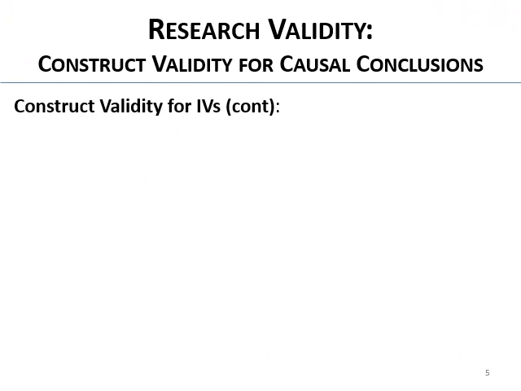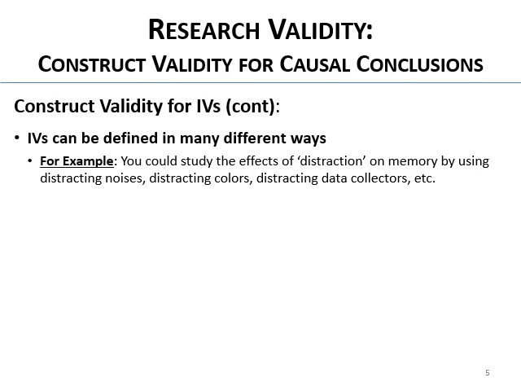So keep going with the theme of construct validity for your IVs. So your independent variables can be defined in many different ways, right? So different researchers have different hypotheses for things, or operational definitions for things. So for example, you could study the effects of distraction on memory by defining distraction in all sorts of ways.